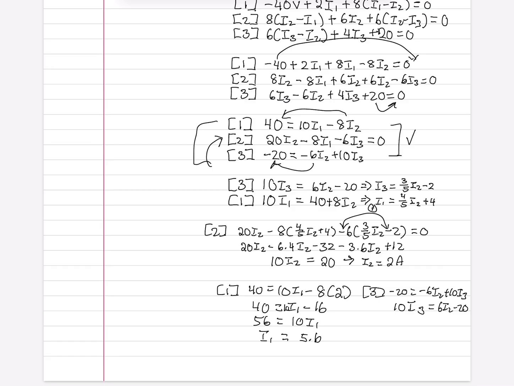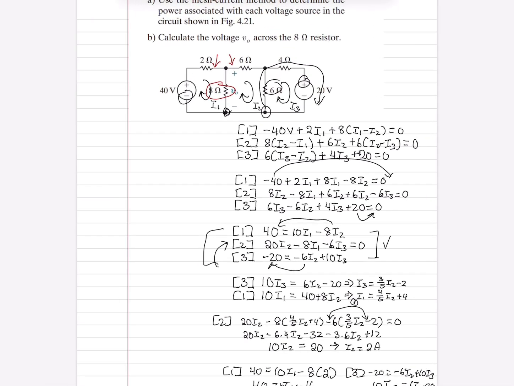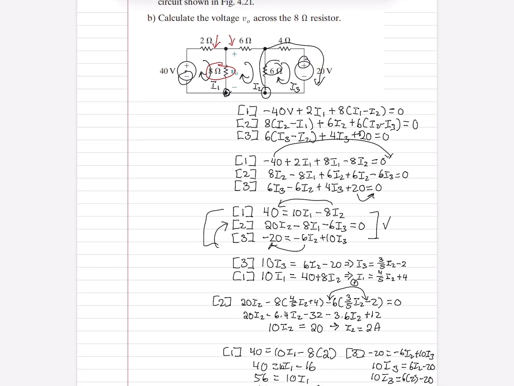So that's just going to be 10 I3 equals 6 times 2 minus 20. So then it's going to be 10 I3 equals 12 minus 20, where we have 10 I3 equals negative 8. So then I3 equals negative 0.8 amps. Sorry, I forgot the unit here. And then from there, we know the current in each mesh with mesh current.